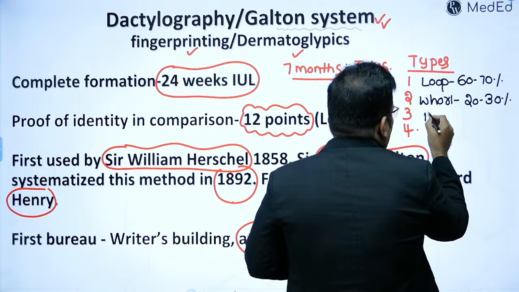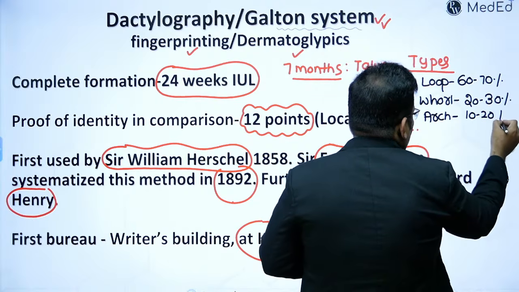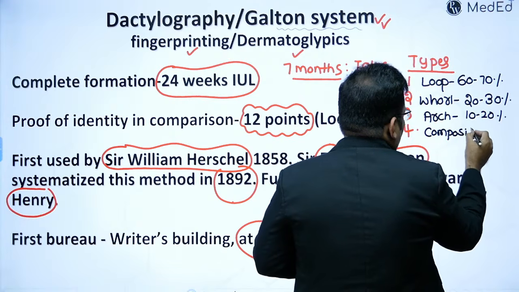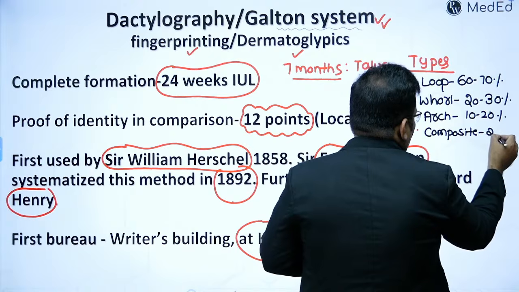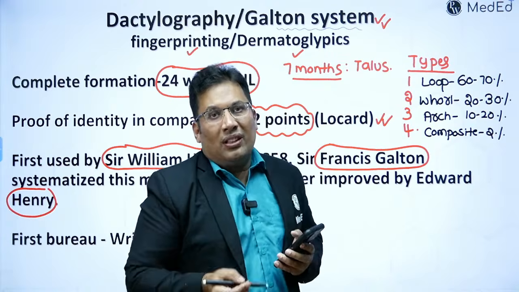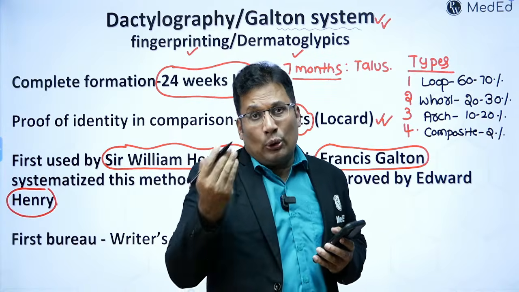Third type, arch. And the last type is composite, around 1 to 2%. Again, MCQ, least common fingerprint, composite. Most common fingerprint, that is loop.